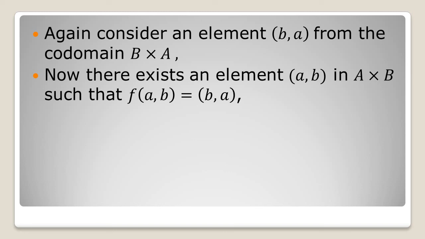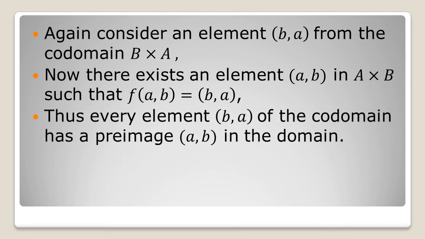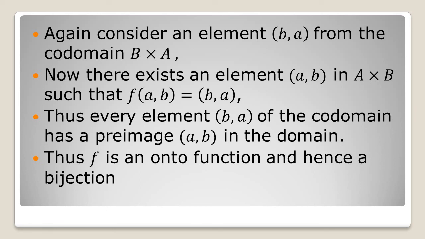That is from the definition of the function, and that shows that the function f is an onto function, because for every element (b, a) of the codomain there exists a pre-image (a, b) in the domain, and hence it is a bijection.